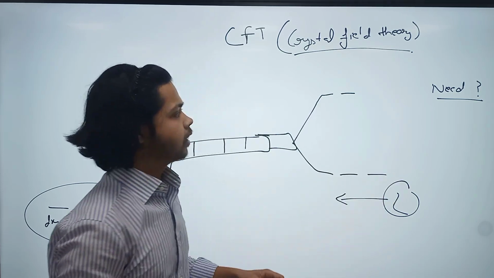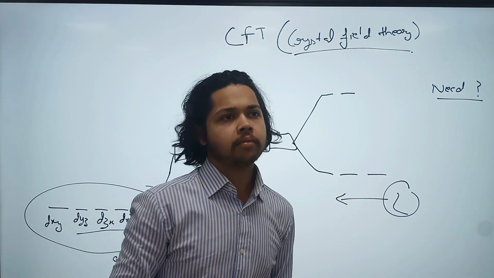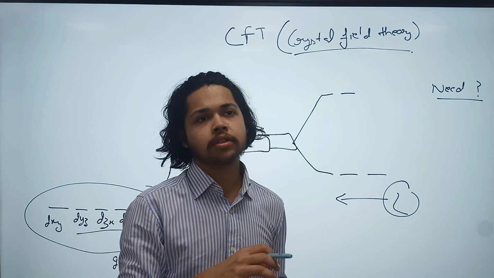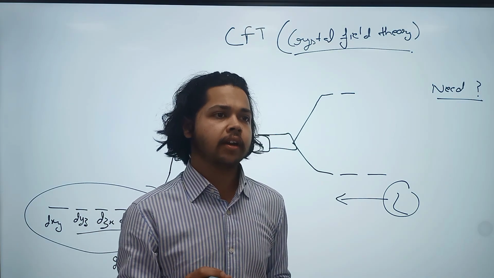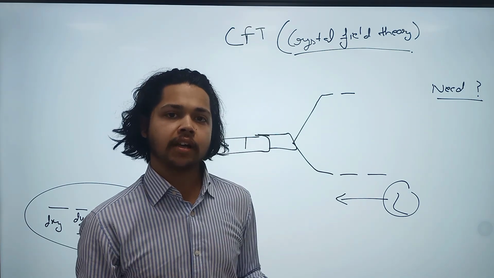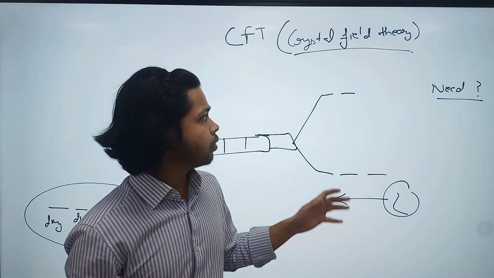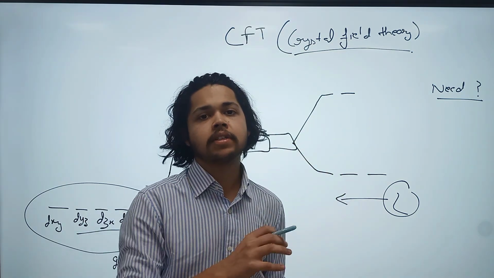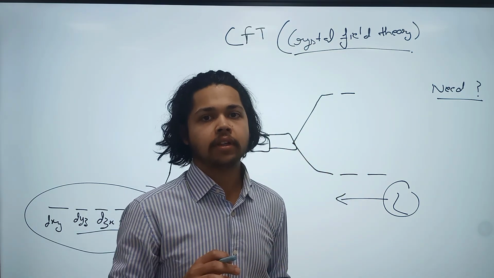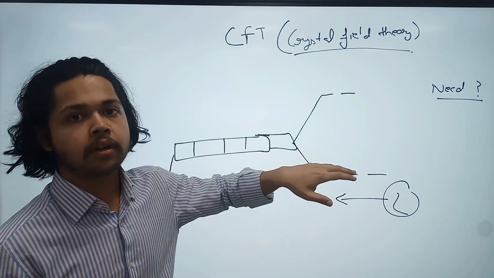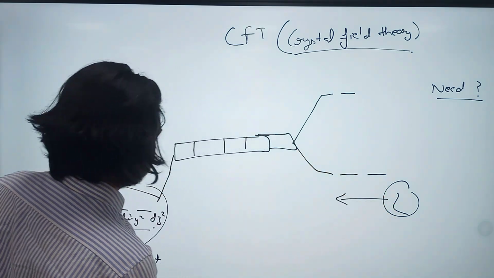How they split depends on the direction in which the ligand approaches the metal. If the ligand approaches along the axis, then the orbitals which lie along the axis get more destabilized and have higher energy compared to the orbitals which are not in direct contact with the ligand. To get deeper into it, let's move forward.